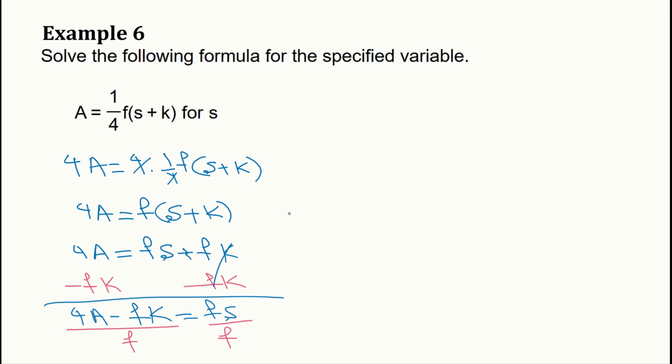Now on the right side the f's cancel out, so we end up with s is equal to 4a minus fk over f.